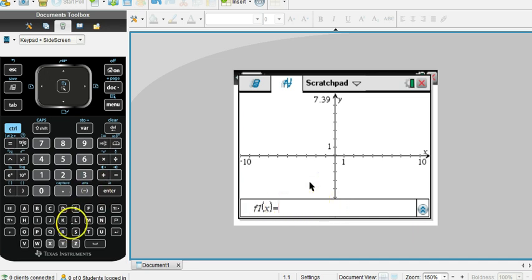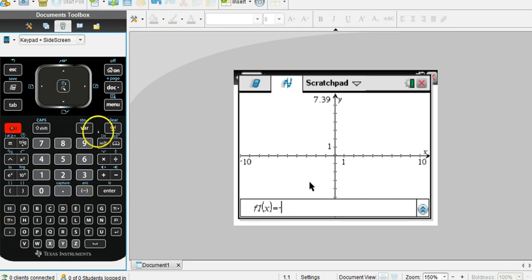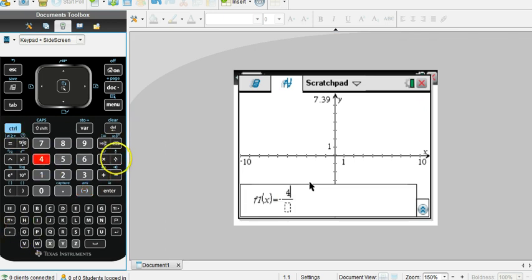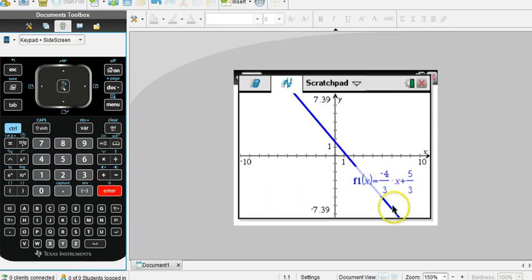So it was negative 4/3 x plus 5/3. So negative 4/3 x plus 5/3, and then go ahead and hit enter to graph it.